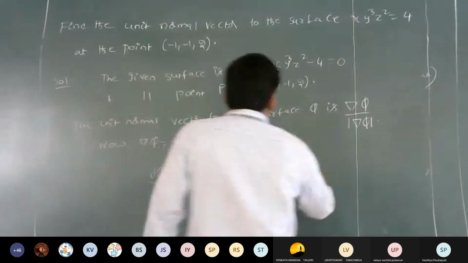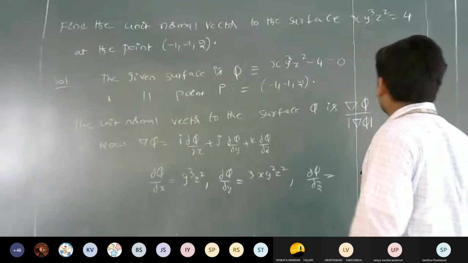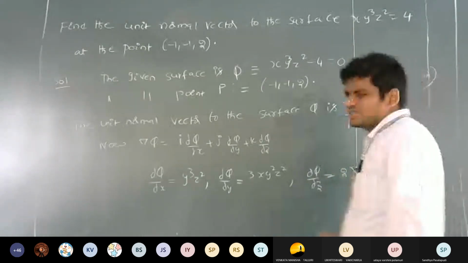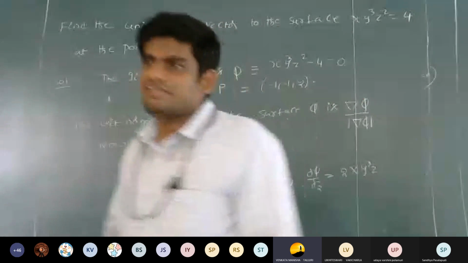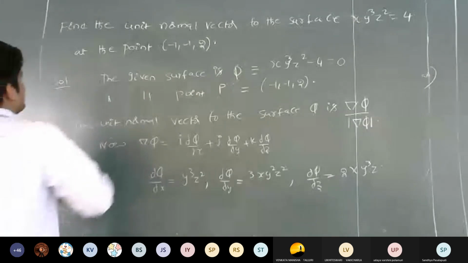Next, what is the value of dou phi by dou z? We just have to find the partial derivatives. Why? Because in the gradient we have the partial derivatives, so we have to calculate them, right?